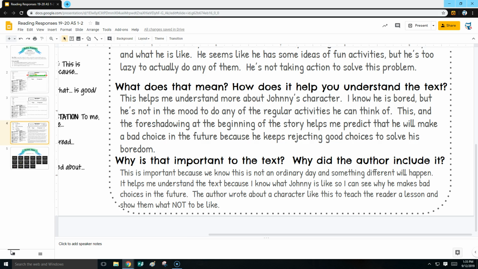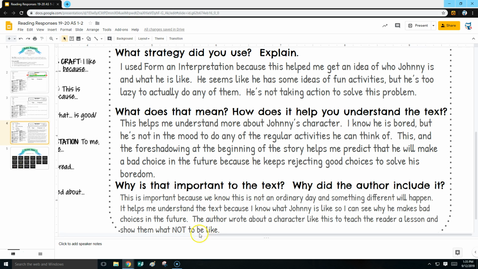It helps me understand the text because I know what Johnny is like, so I can see why he makes bad choices in the future. The author wrote about a character like this to teach the reader a lesson and show them what not to be like. Okay, this part where you're going to write is going to show me how you really understand what you're reading and the bigger impact of what you're reading.